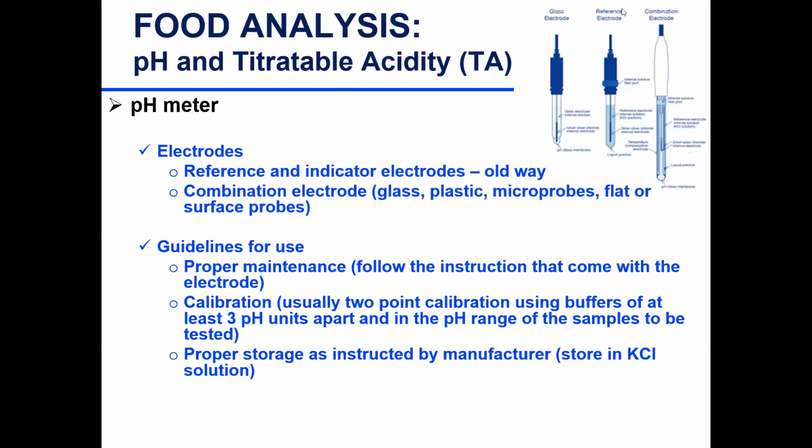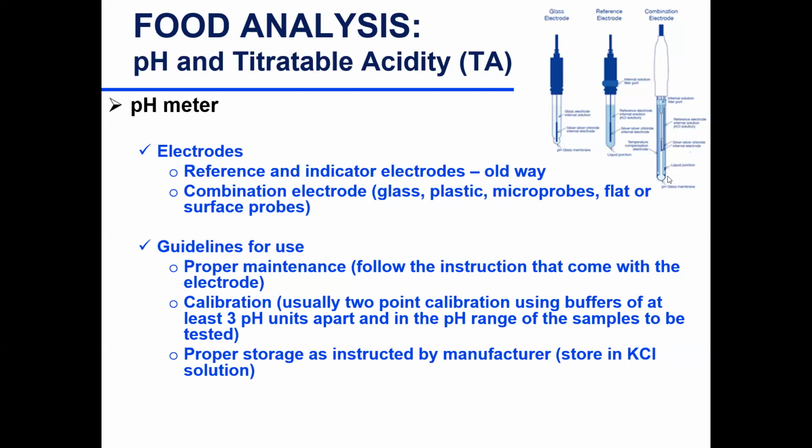And the other thing is the electrodes themselves. They used to be a reference electrode and an indicator electrode separate from each other. But nowadays, a newer pH meter would have one electrode or one compartment that has both the reference and the indicator electrode together.